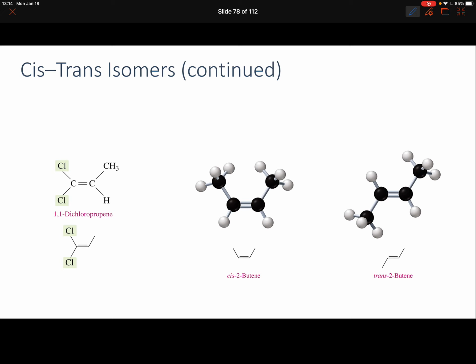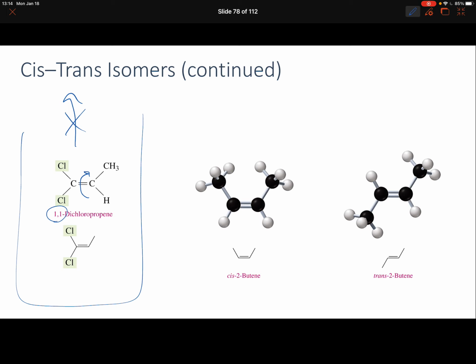If you have two groups that are on the same carbon, if they're both on carbon 1, then we're not going to get any cis-trans isomers. We have to have groups on different carbons. If they're on the same carbon, it doesn't matter. The rotation doesn't matter because the two chlorines are on the same side as each other anyways.